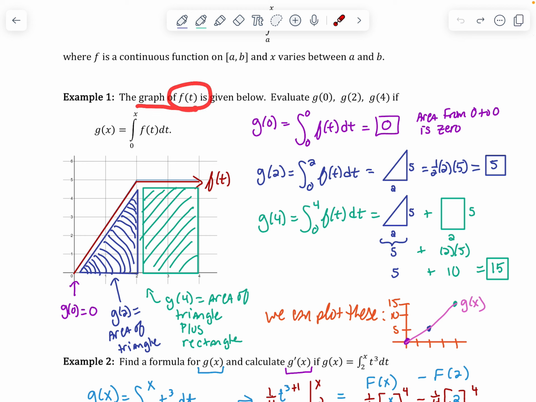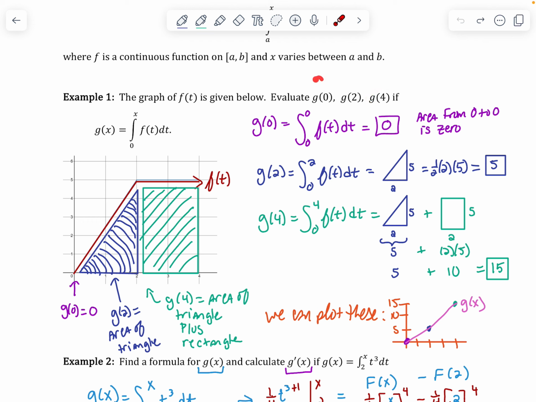Below, I have a graph of an f of t function. It's this red line, and we're asked to evaluate g, remember the value of the integral, where x is 0, 2, and 4.